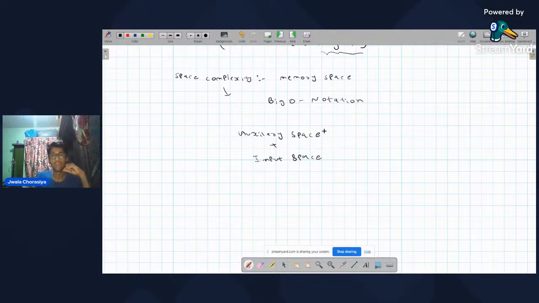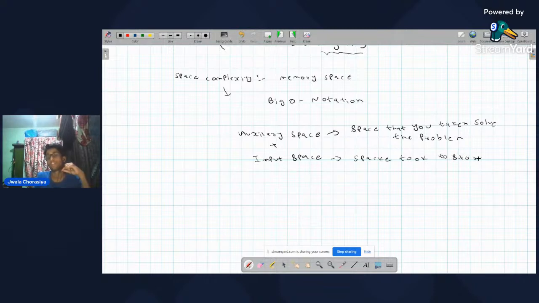So what is auxiliary space? Auxiliary space is the space taken to solve the problem. And what is the input space? The space taken to store the input.